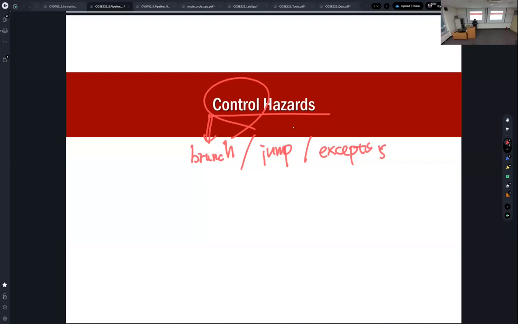Why are clock cycles wasted when these instructions are executed?